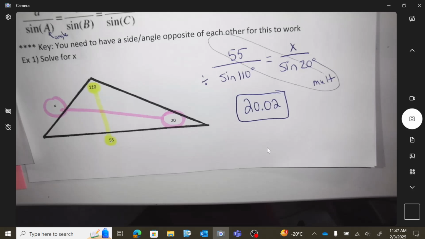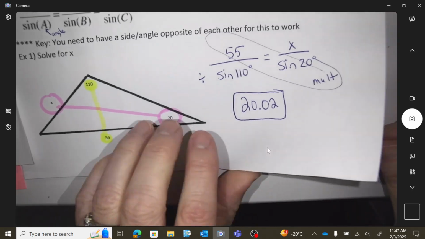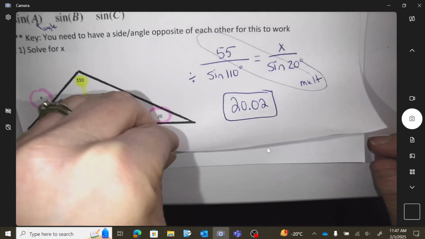So see if you can match my result there. How did that go? We're all matched? 20.02.